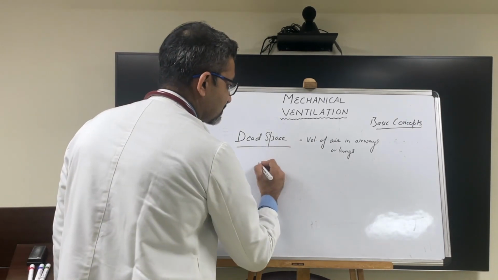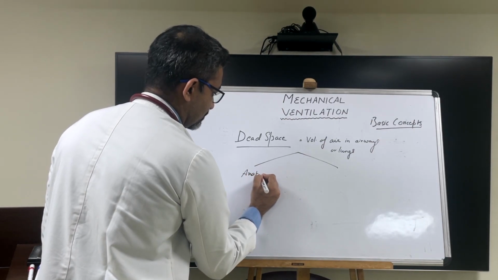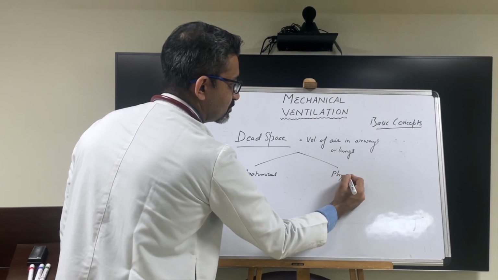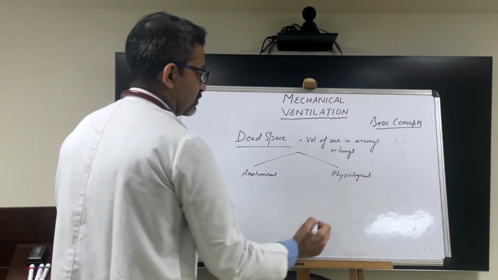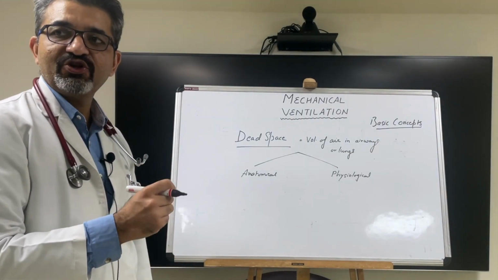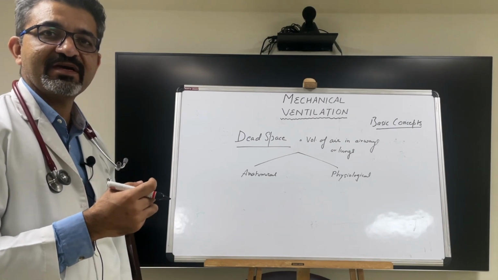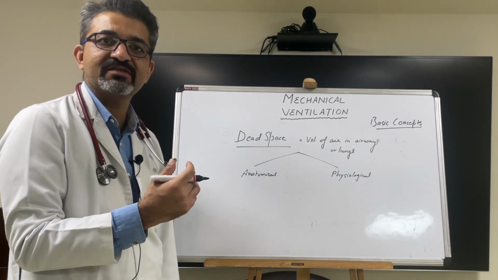It is of two types: anatomical and physiological. Anatomical dead space is that volume of air which is there in trachea, bronchi and bronchioles which are not lined by respiratory epithelium, so gas exchange doesn't take place.